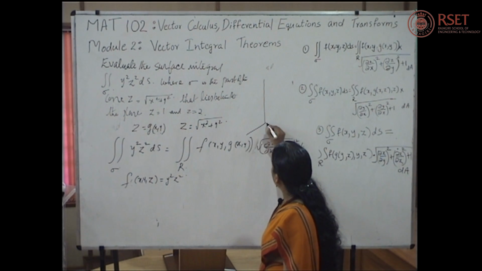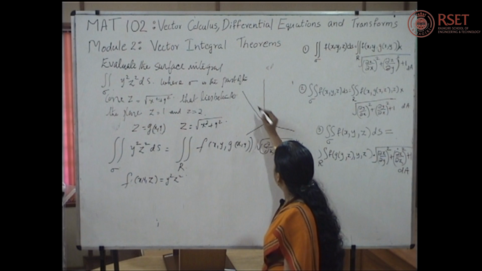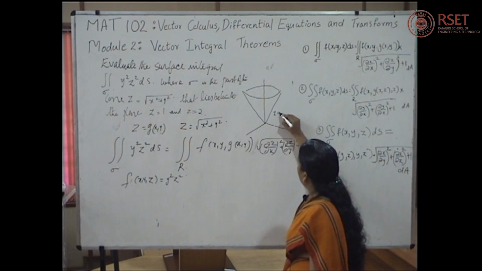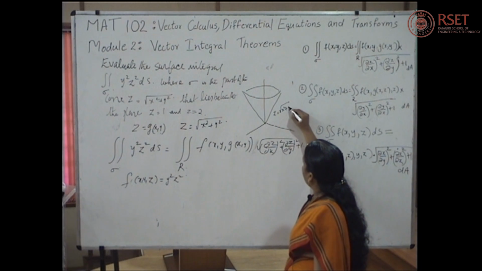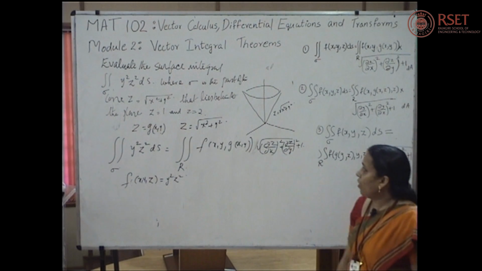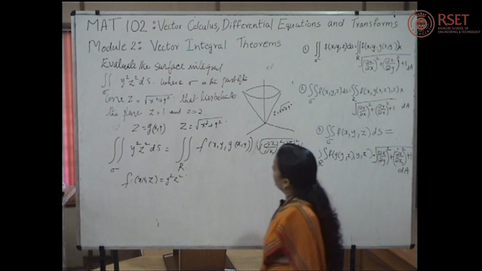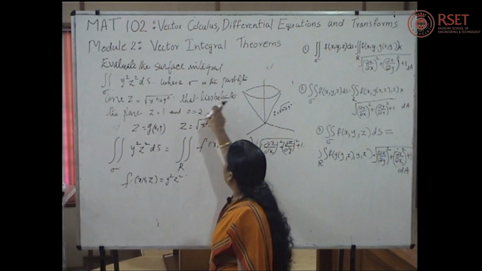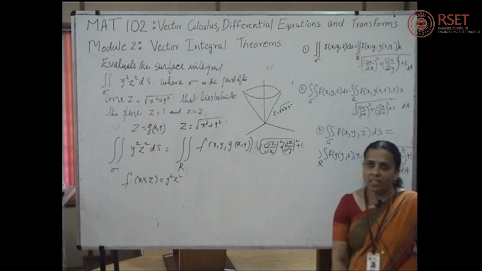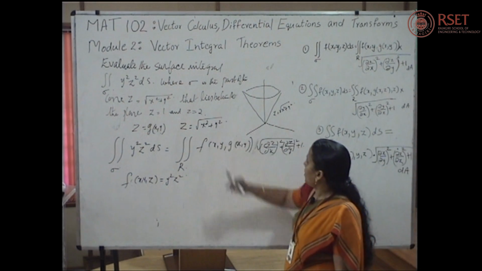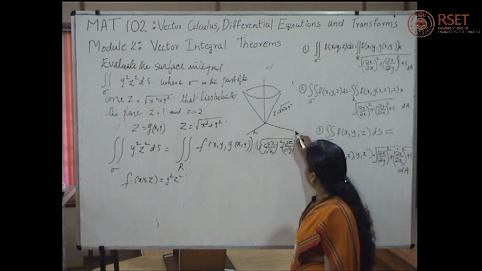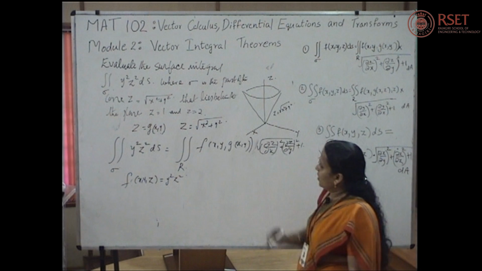The cone in 3 dimensions is given by z = square root of x² plus y². And given that the part of the surface of the cone lies between the planes z = 1 and z = 2. Suppose this is the x-axis, y-axis and z-axis.